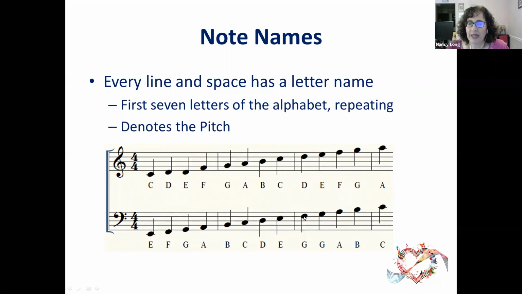This is your F, and we can go down from there to A and beyond, and up from there to C and beyond.